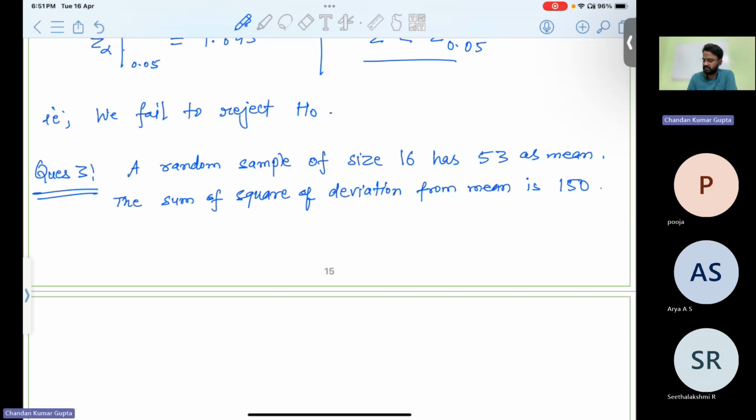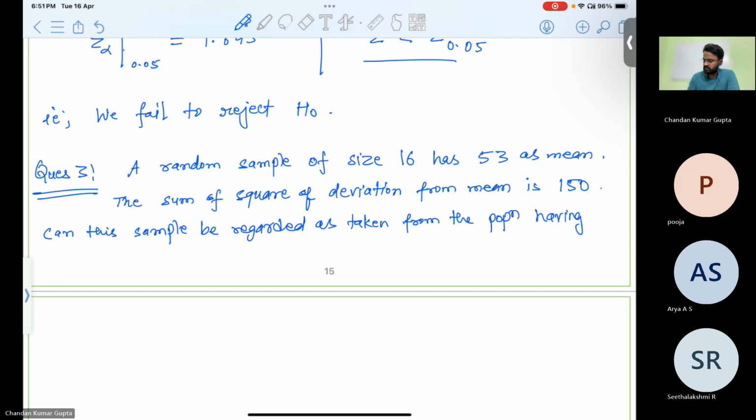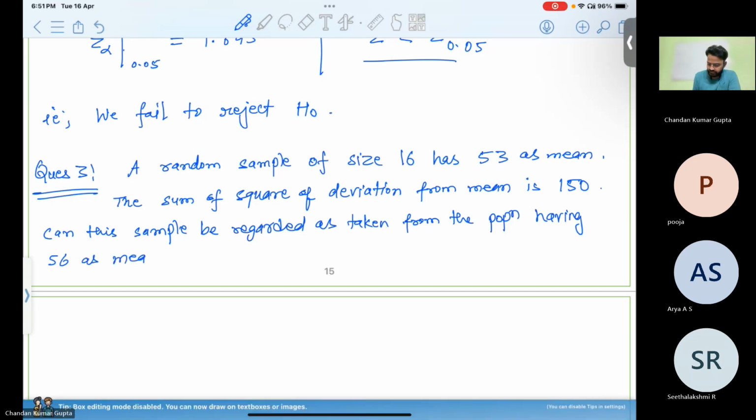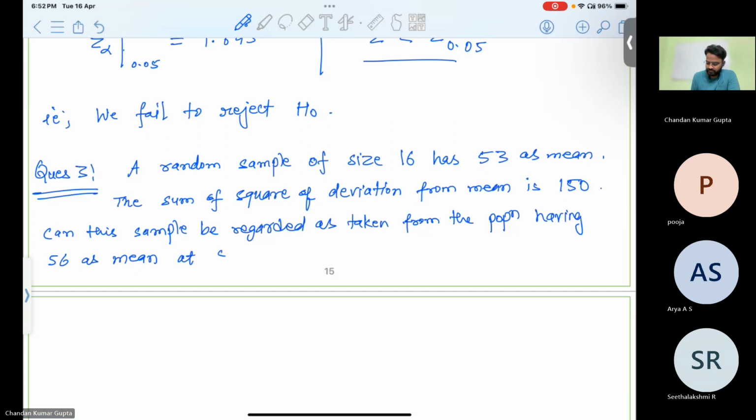Can this sample be regarded as taken from a population having 56 as mean at 5% level of significance?